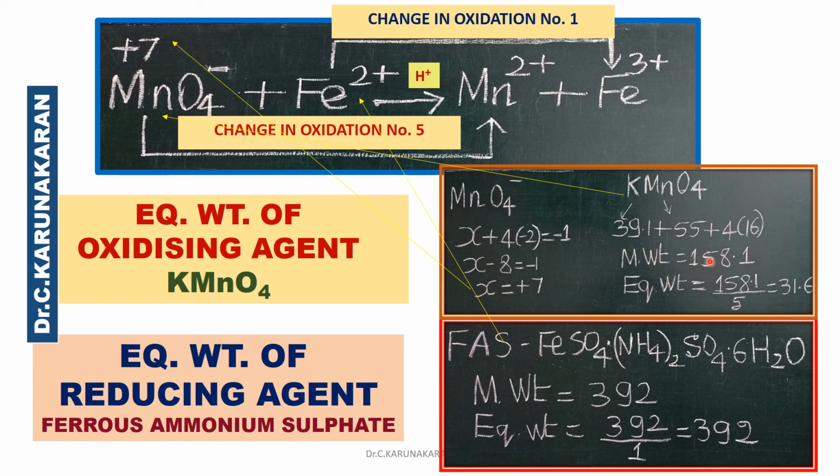On adding, the molecular weight is 158.1. The change in oxidation number is 5. Equivalent weight equals molecular weight divided by N, and N is 5. Therefore, 31.6 is the equivalent weight of KMnO4 in acid medium.